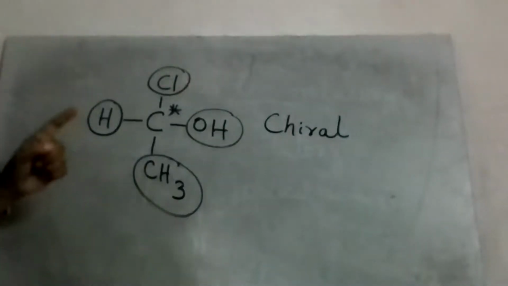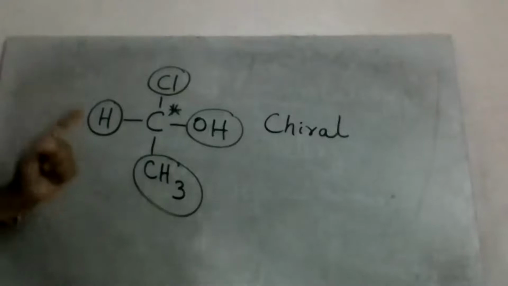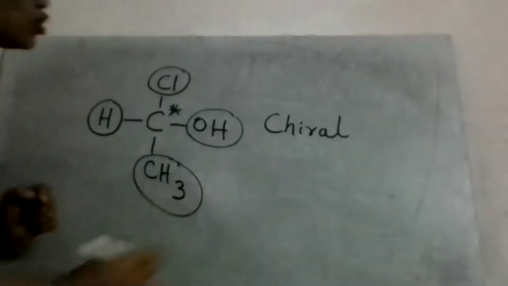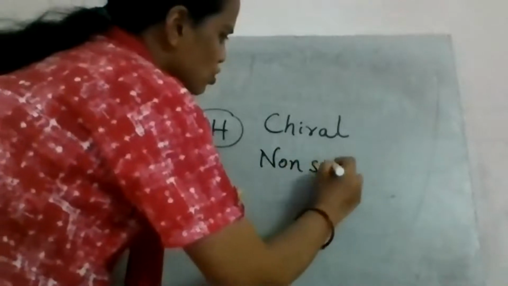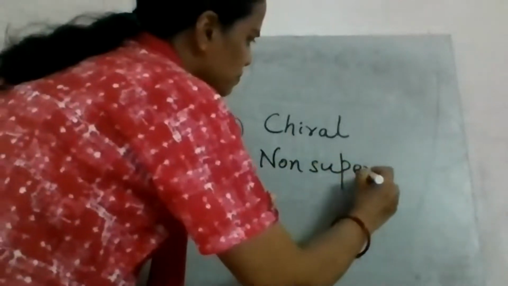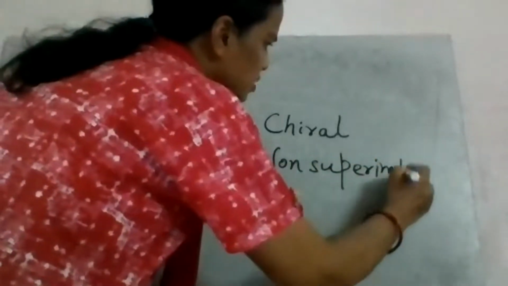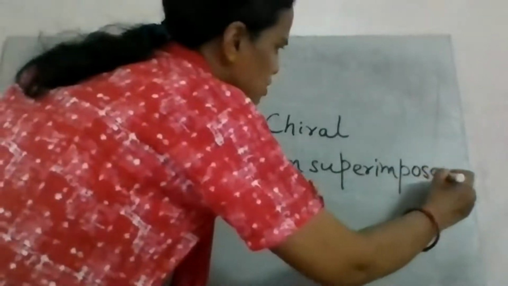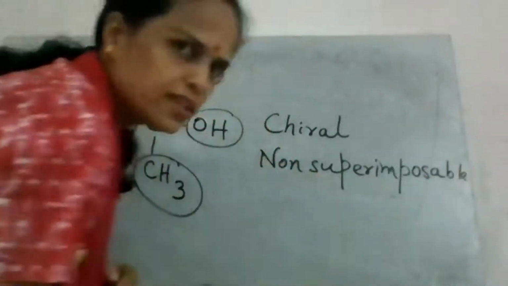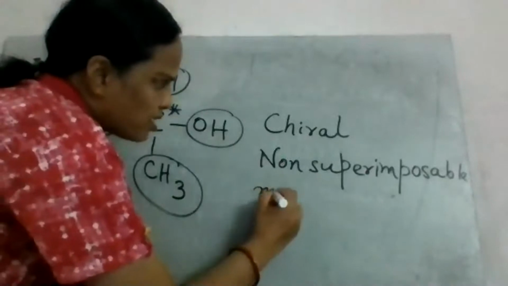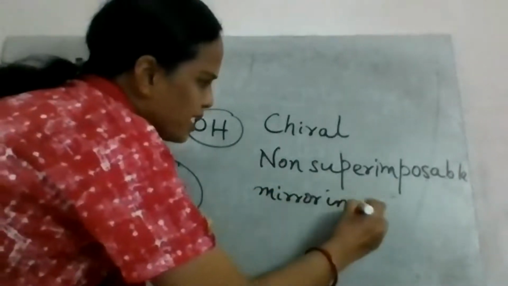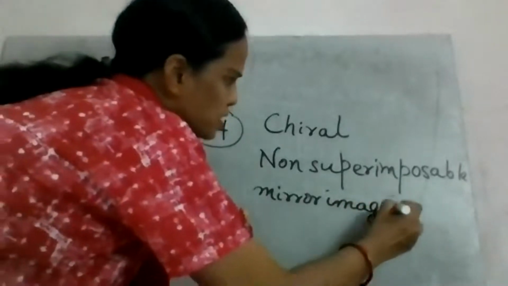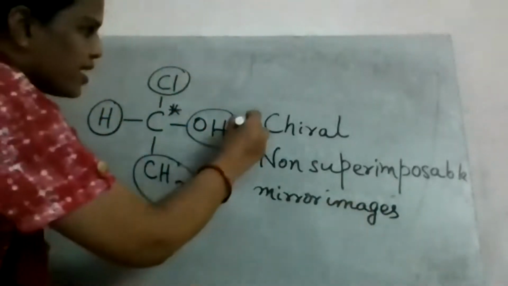So what is a chiral object? Chiral objects are non-superimposable mirror images. Non-superimposable mirror images are called chiral objects, and superimposable mirror images are called achiral objects.